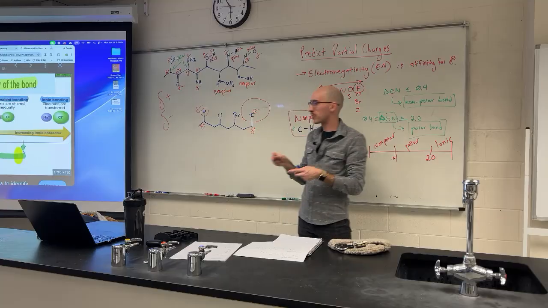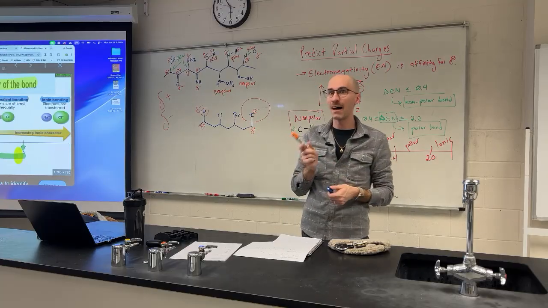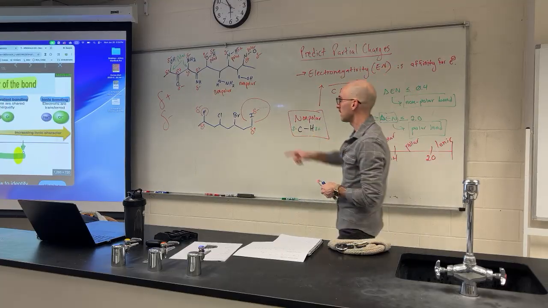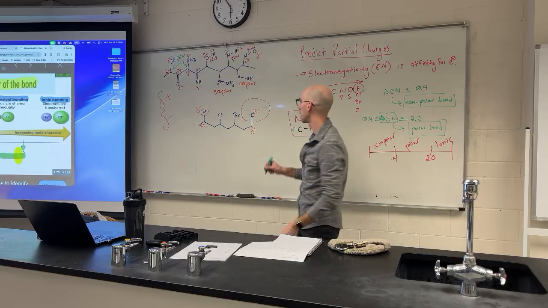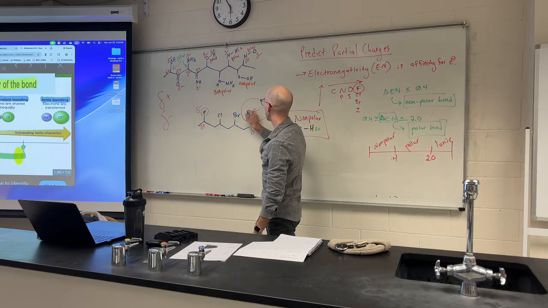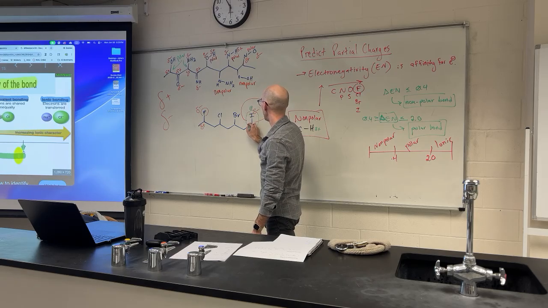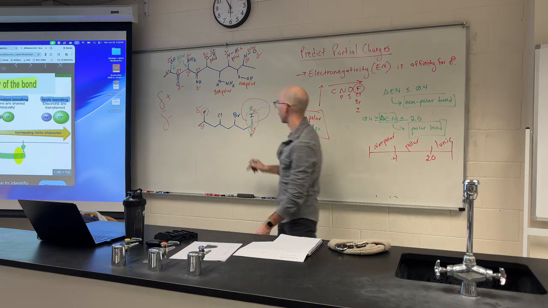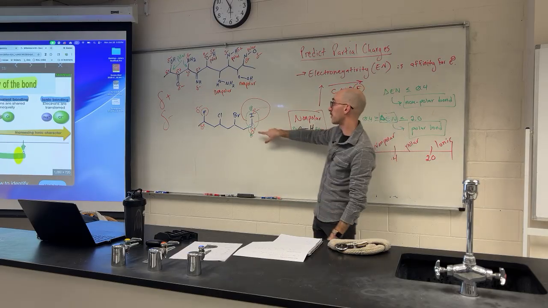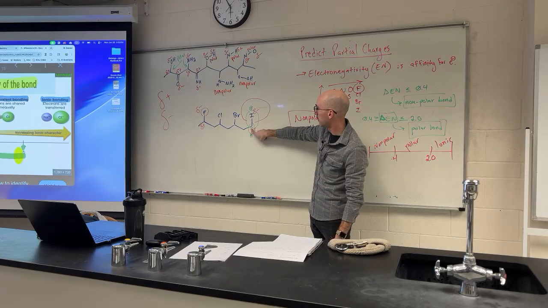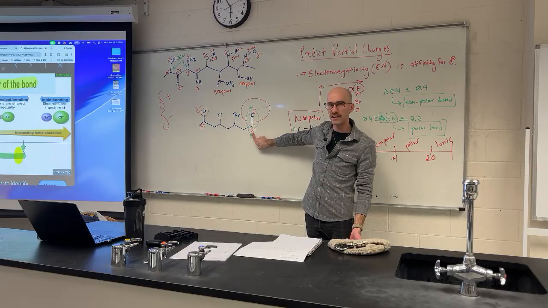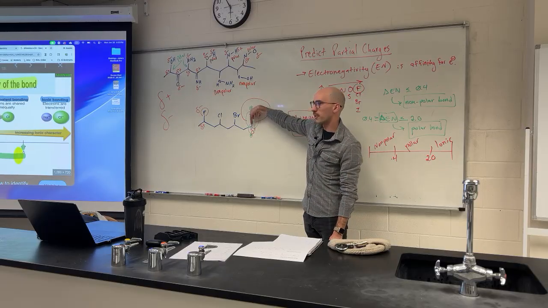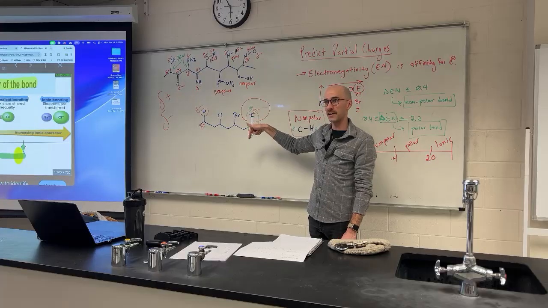Iodine is a very large atom, and despite not being very electronegative, if this bond, I know you guys liked to see that orbital overlap, if this bond is the overlap of the two sp3 hybridized orbitals, here is carbon's orbital. It's very small because it's a small atom. Here is iodine's orbital. It's very large because it's a large atom.